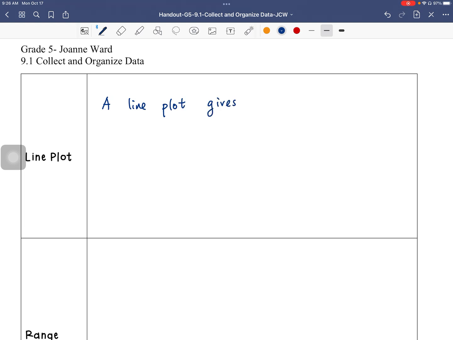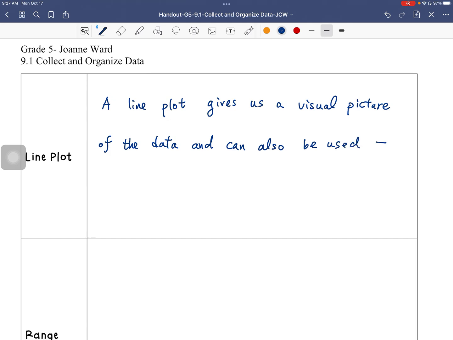A line plot gives us a visual picture of the data and can also be used to identify the range and any outliers.